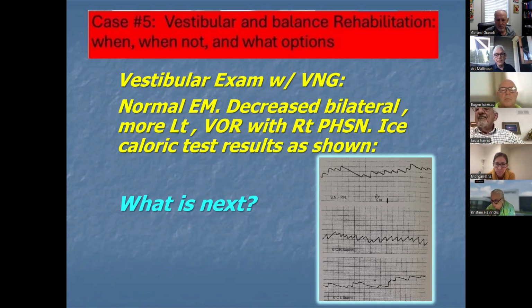Yeah, pretty crappy ice response. Yeah. Oh, well, it's still right beating, but not as right as the spontaneous nystagmus. So we don't have a chair, or even, let's say, we're convinced it's a left vestibular neuronitis uncompensated. What's the next question?